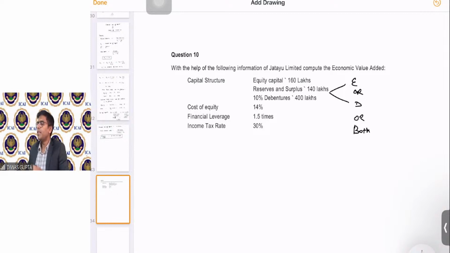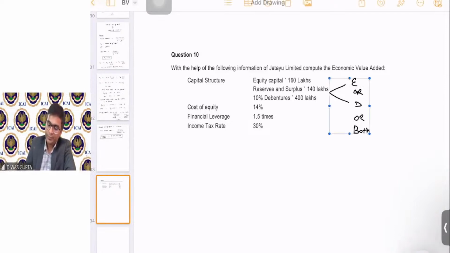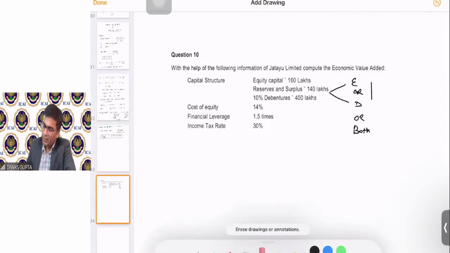Kirti, Guram, Shailesh, Kusuma, Satish, Prashant, Mansha, all of you are correct. We always say reserves and surplus is part of equity. So don't ever include these amounts in debt for any calculation purposes. Always take it for equity.